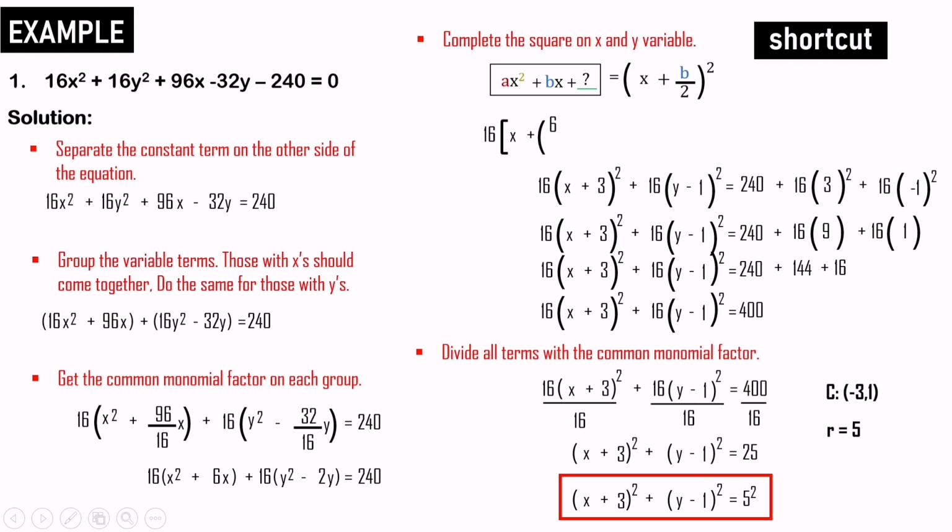So 6 over 2, close bracket squared, plus, for the second, 16 open bracket y plus our b here, which is negative 2, negative 2 over 2, close bracket squared is equal to 240.